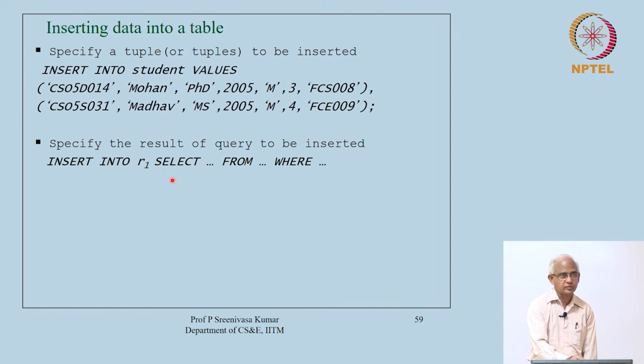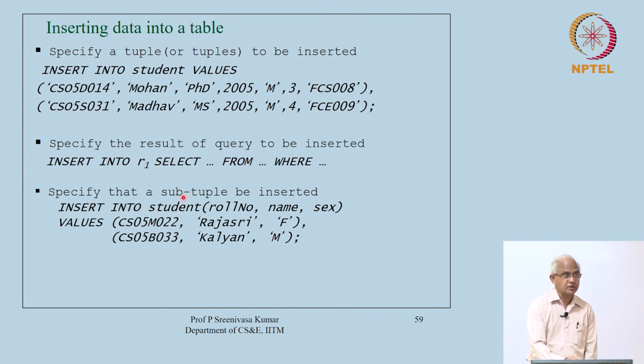This is the reason why we are discussing this at this stage. So, insert into some relation and then give a query, a select from where. So, the entire result of that particular query will be inserted into this possibly new relation.